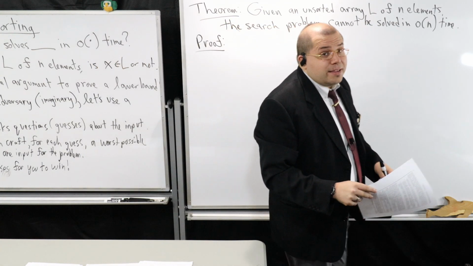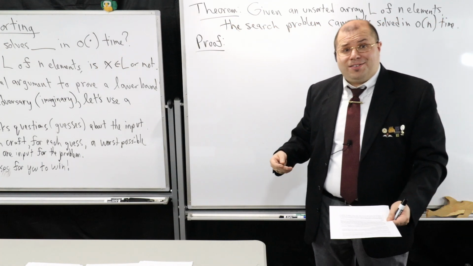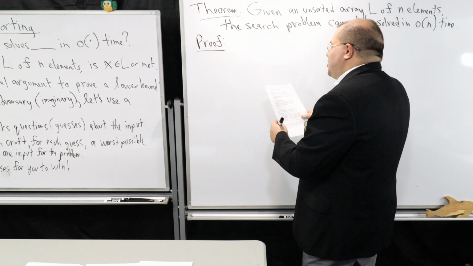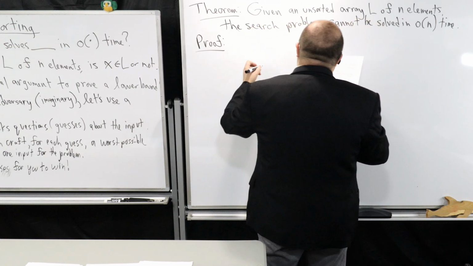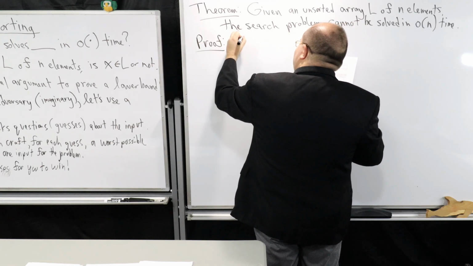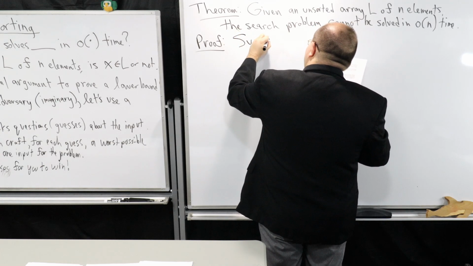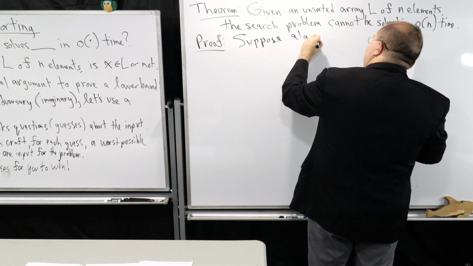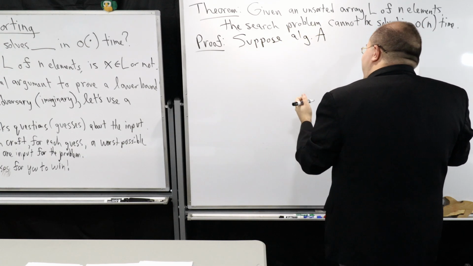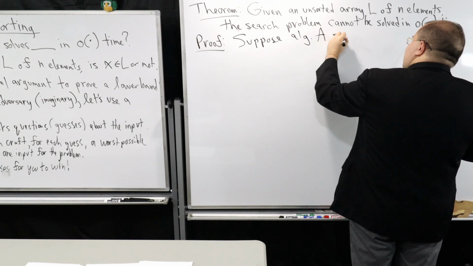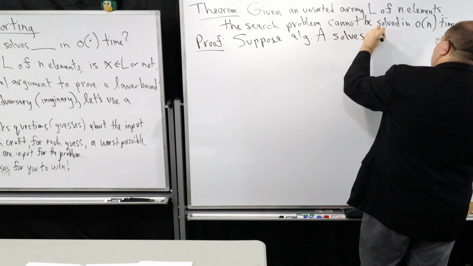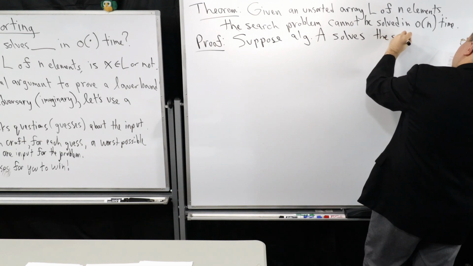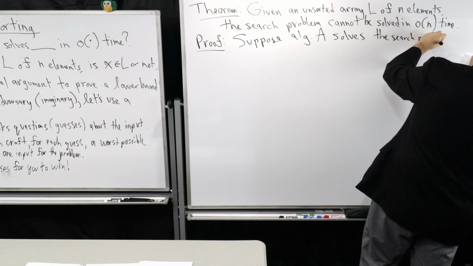And remember, I'm making the assumption that the algorithm has to be correct. But I could show you another way you can get around this to show that the algorithm can't work, otherwise. So I'm going to suppose algorithm A. I'm going to give it a name, I'm just going to call it algorithm A. It solves the search problem. So I'm just going to assume it does.